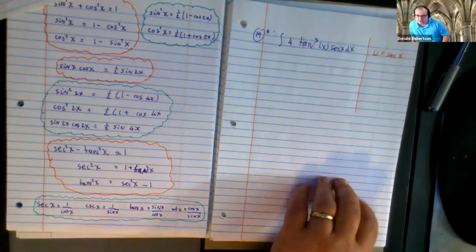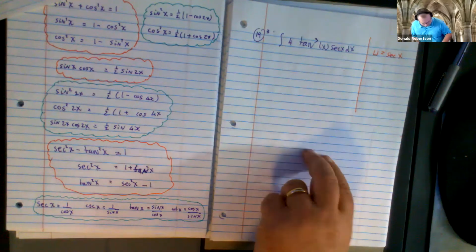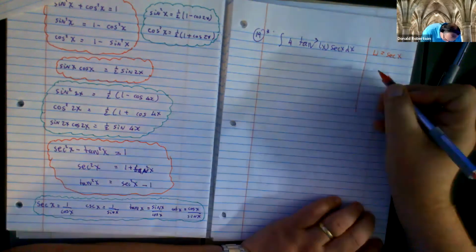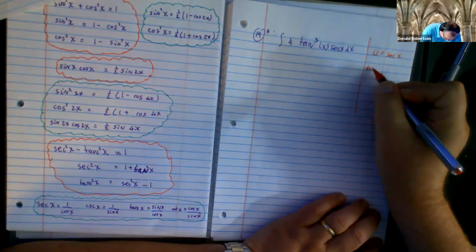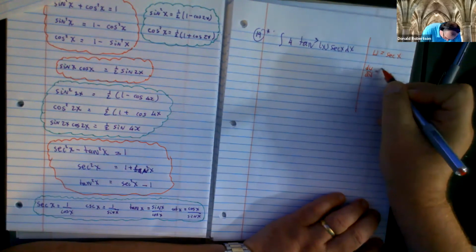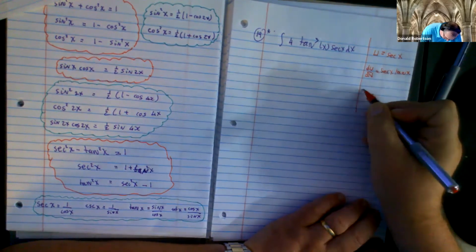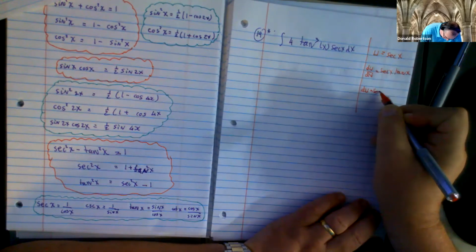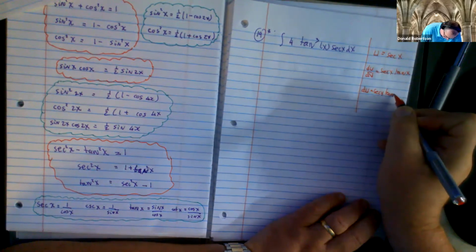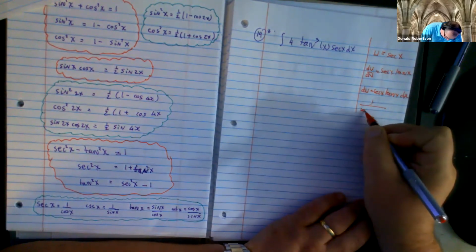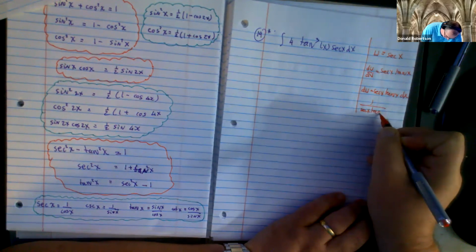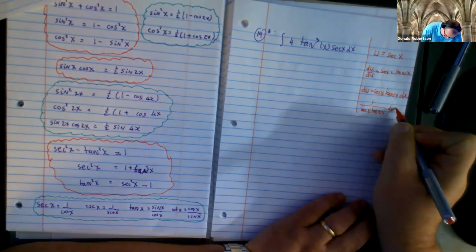Now, if there's a secant squared or a tan squared, that's different. Now, if we go through the derivative, we get secant tan dx, and then divide by secant tan to isolate the dx.